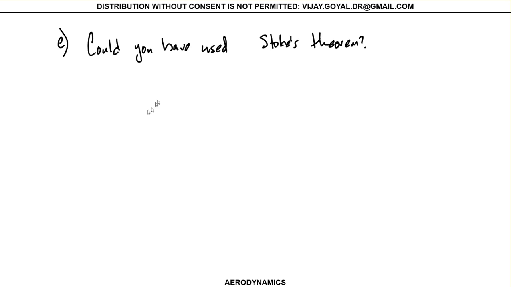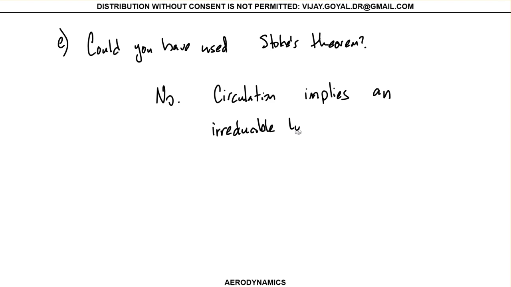The answer here is no, because having a circulation different from 0 implies it is an irreducible loop. Okay, so this concludes example number one.